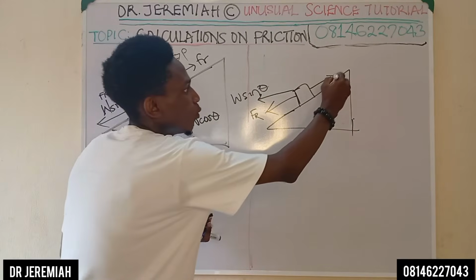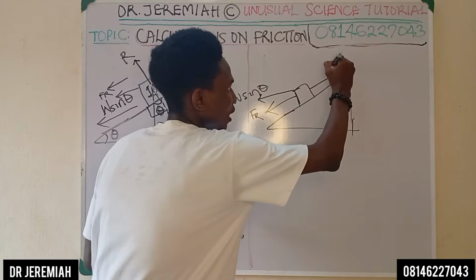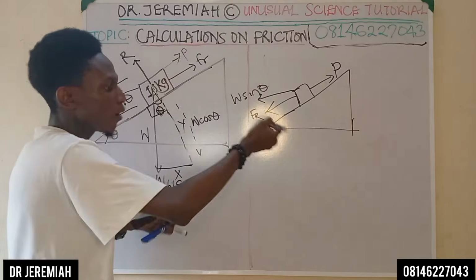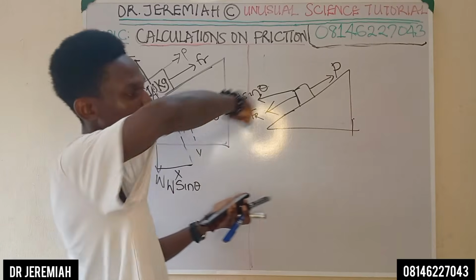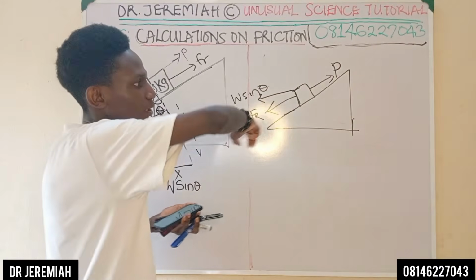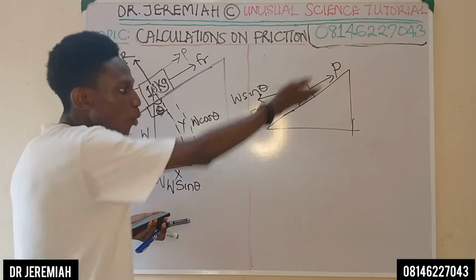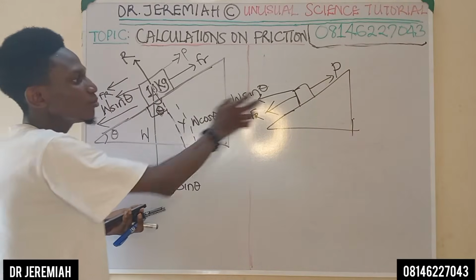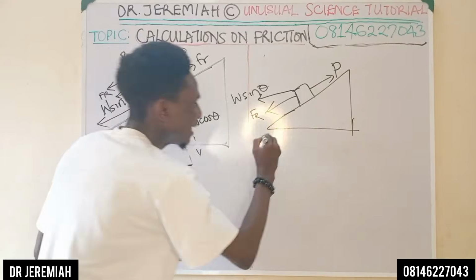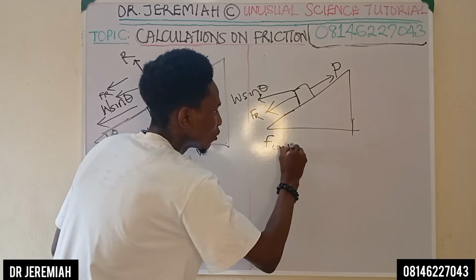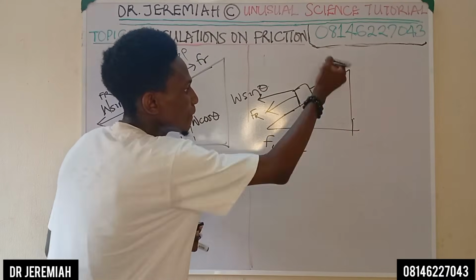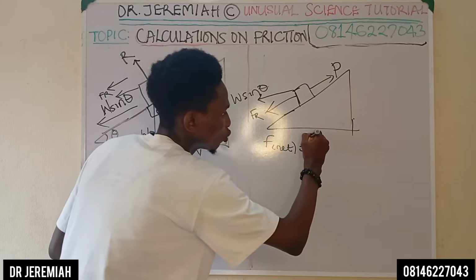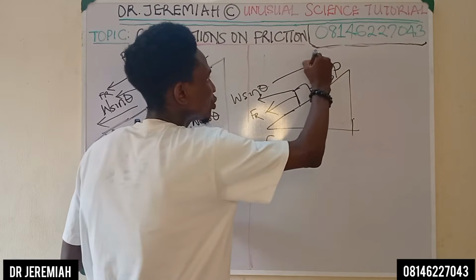Now, pulling force. I said pulling force earlier. We are pulling the body along the plane, up the plane. But this frictional force is now acting downwards, so it's not something that's confusing. What do you do now? Net force equals, the body is moving up the plane, so always know the direction of the body.